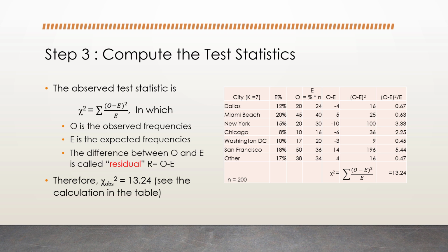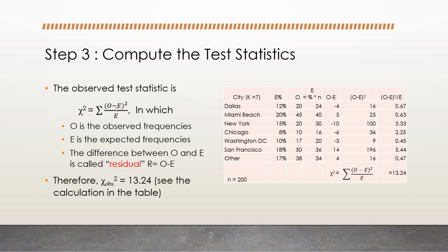To calculate the observed chi-square value, the observed frequencies and the expected frequencies are compared. Their differences are called residuals. For each category, square the residual, divide it by its expected frequency, and sum the ratios over all k categories to obtain the chi-square test value.